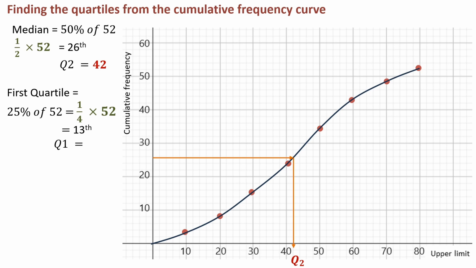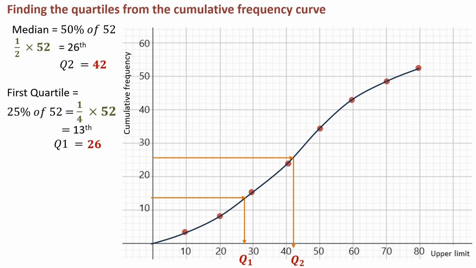The position of the first quartile is 13th. In other words, the mark that the 13th student scored is equal to our first quartile. So we just draw a line from the 13th position to the curve and from the curve to the x-axis. So that is 26. The first quartile of this data distribution is 26.